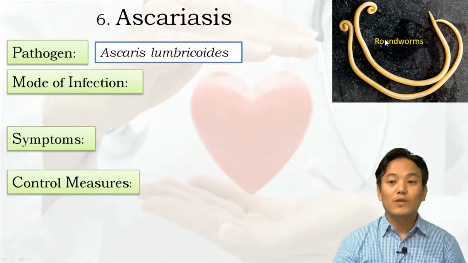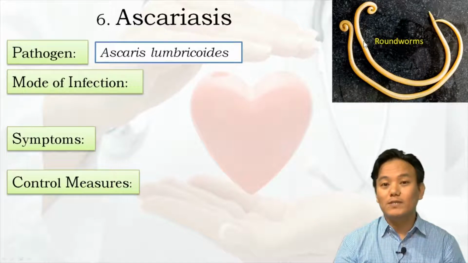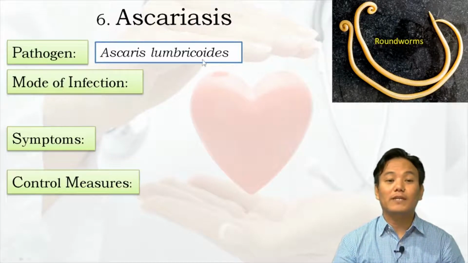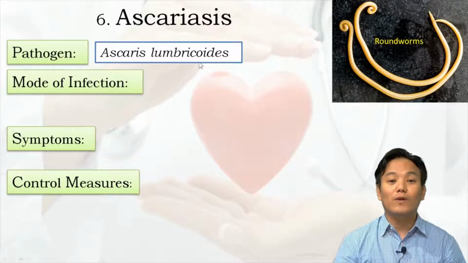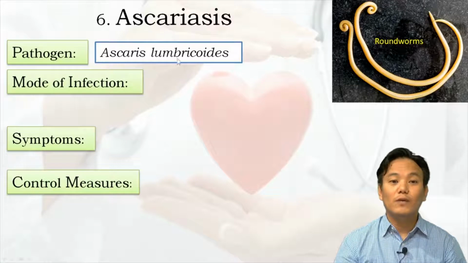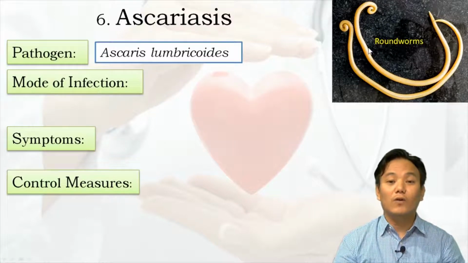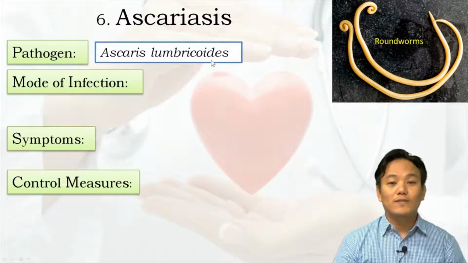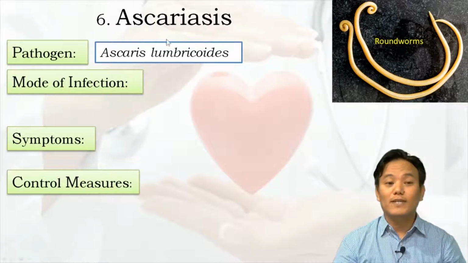This worm may come as one of the spottings in your practical examination, so you have to remember this name. Don't mistake this for an earthworm. Many students mistake it for an earthworm and therefore make a wrong identification during the spotting. So here we have Ascaris lumbricoides, commonly called roundworms, which is responsible for causing ascariasis.